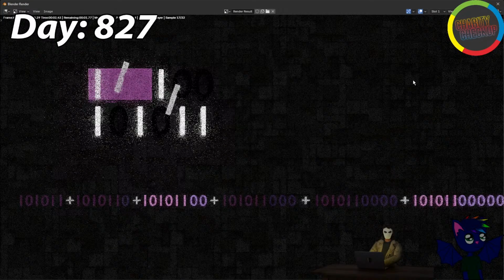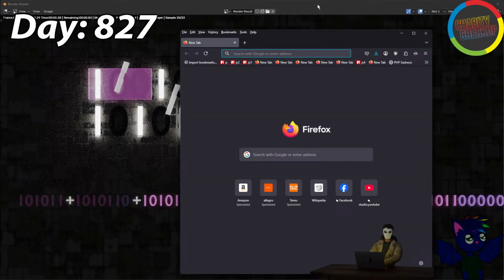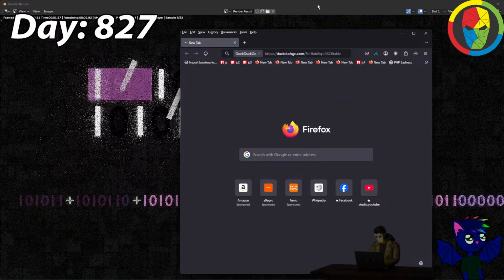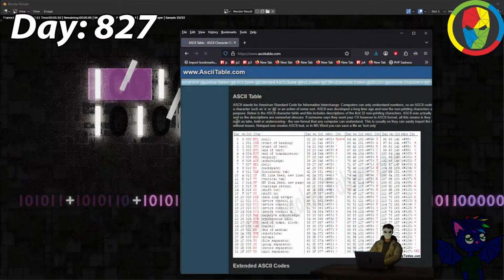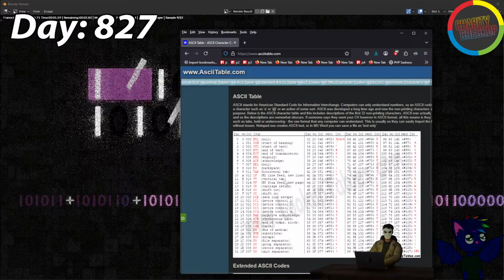Like character number 11. What is character number 11, huh? No one knows, because no one cares. What is character number 11? Vertical tab. Who cares about character number 11?